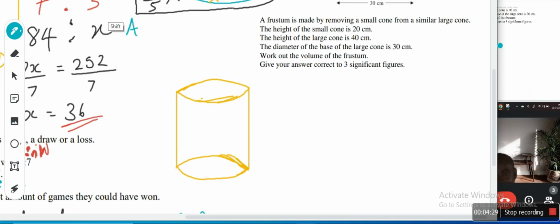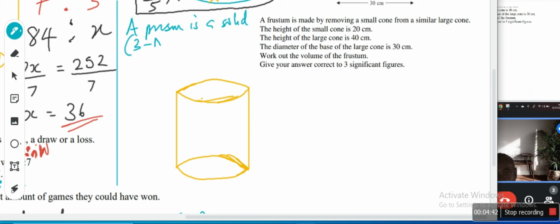I just draw a line here to define it, just to remind you. A prism is a solid or a 3D shape, with a uniform cross-sectional area.